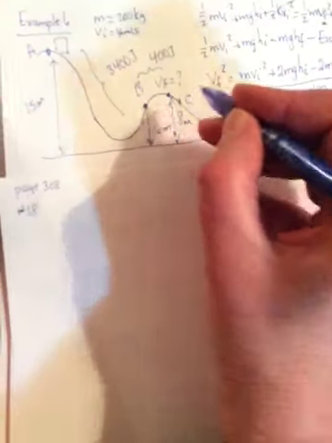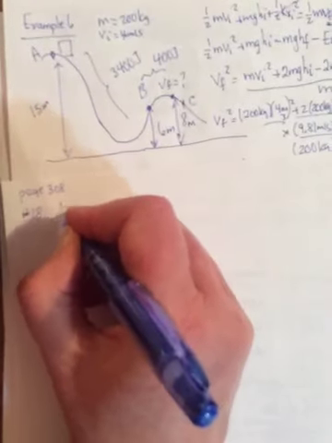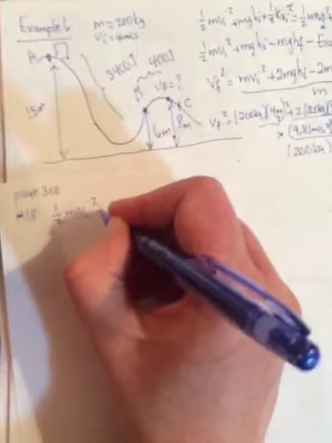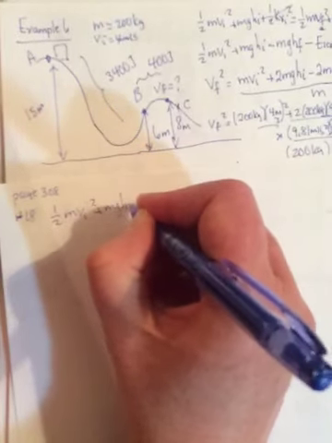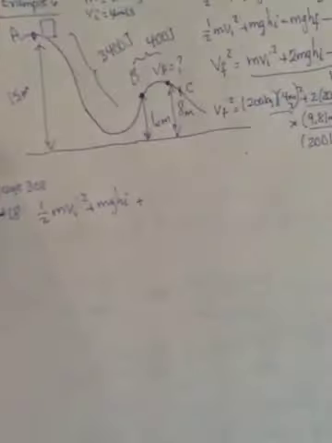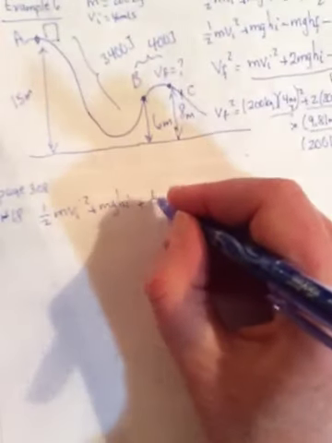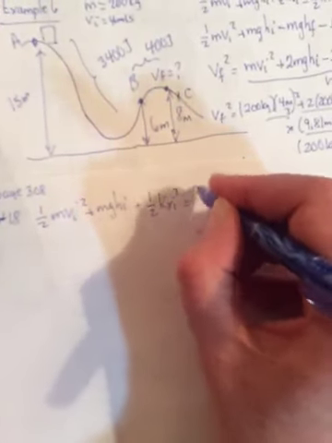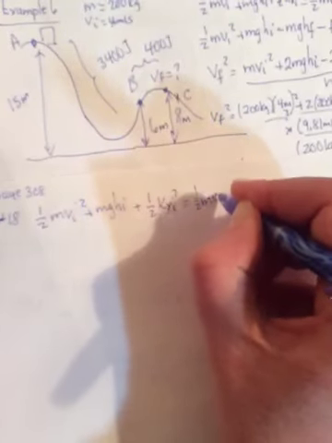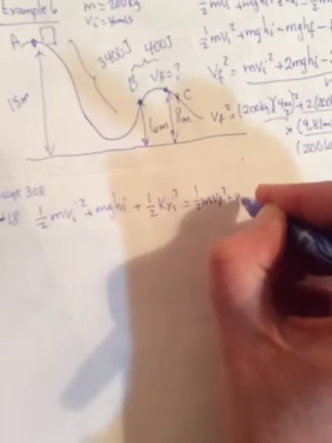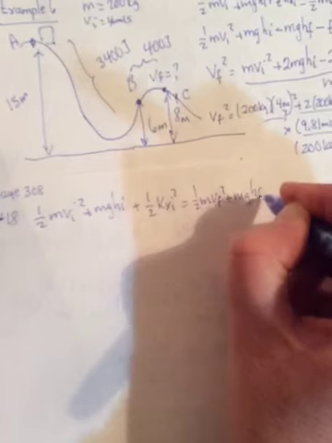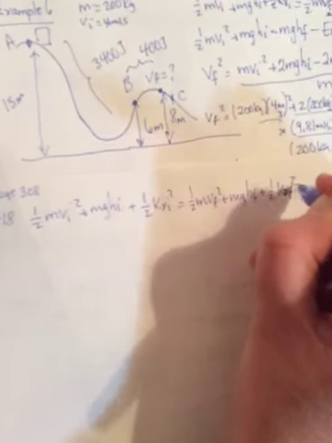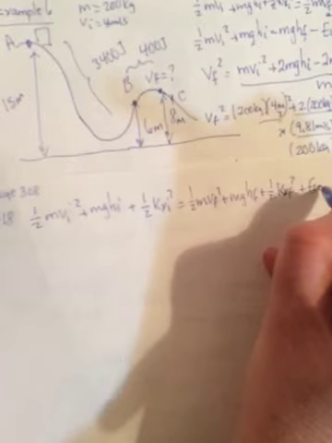So we want the speed at C. So again, you're going to use energy, 1/2 mv initial squared plus mgh initial plus 1/2 kx initial squared is equal to 1/2 mv final squared plus mgh final plus 1/2 kx final squared plus E lost.